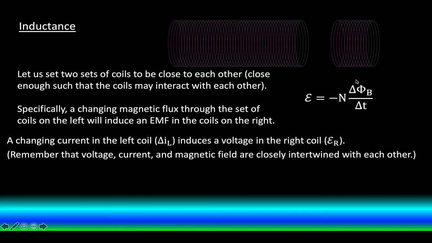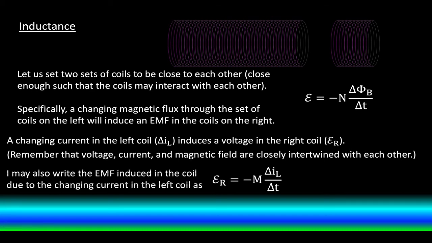So instead of thinking of this as a changing magnetic flux, I could in a way think of the voltage on the coil on the right is due to a changing current in the coil on the left. Because remember, voltage, current, magnetic field, all these ideas are very closely intertwined with each other.